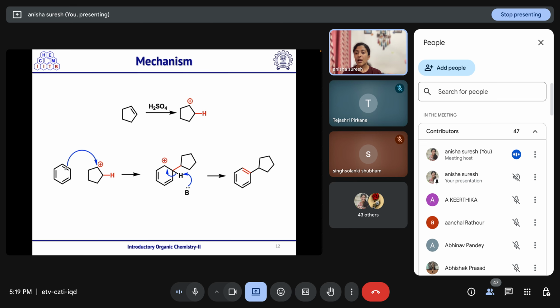The benzene ring will attack that secondary carbocation, resulting in the formation of this intermediate. And since this is an unstable intermediate, the base can abstract the proton. Here HSO4 minus can be the base. It can abstract the proton and it will lead to the formation of this final product. Is the mechanism clear?